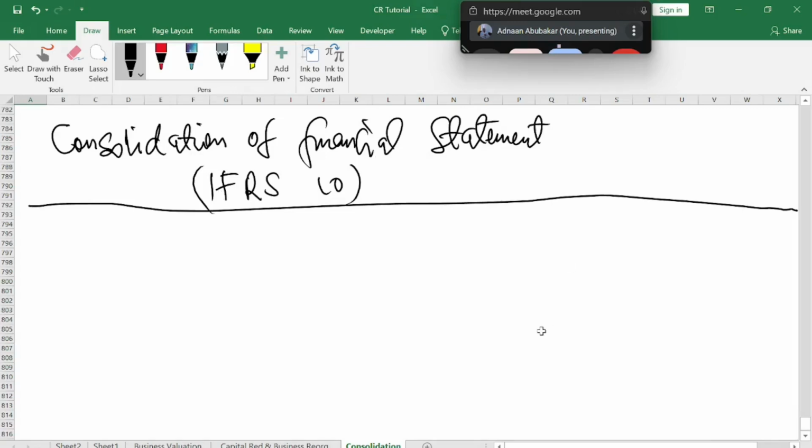So let's continue. Now we are coming to talk about the format of our consolidated financial statements, both the consolidated profit and loss account and the statement of financial position.